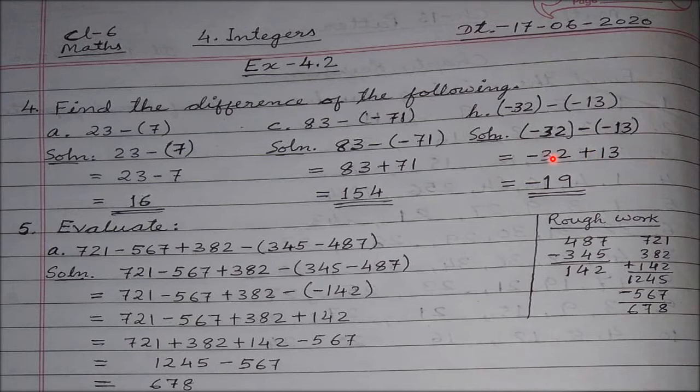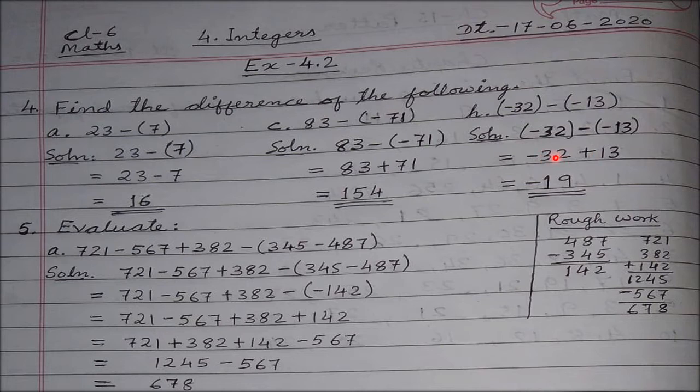Now if one of the integers is negative and the other is positive, then we have to subtract. So just think in your mind, plus into minus or minus into plus is minus. That means if one integer is negative and the other integer is positive, then we have to subtract.